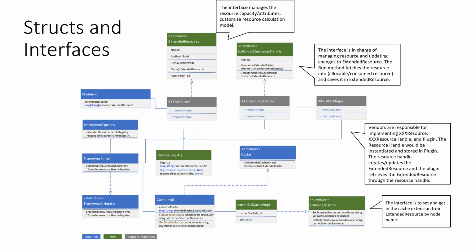The scheduler plugin developer can use the extended resource handle straight away without the need to know too much about how the resource is counted for making their scheduling decision. So finally, the scheduler plugin would instantiate the extended resource handle and retrieve the extended resource through this handle to get the information.